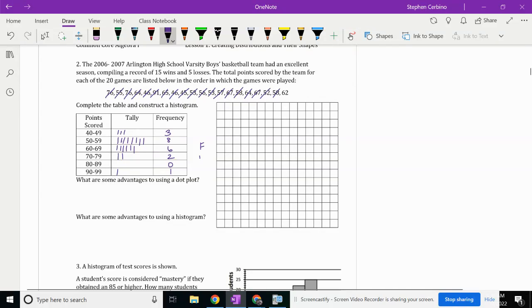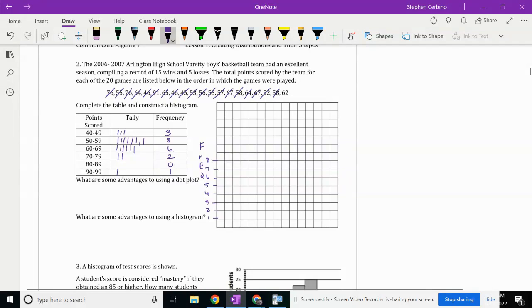So here's our frequencies. The highest frequency I have is 8, so I know I have to at least go up to 8. So go 1, 2, 3, 4, 5, 6, 7, 8. And horizontally, I want to make bars for each of my points scored, including the one that has a 0, right? We want to show that.